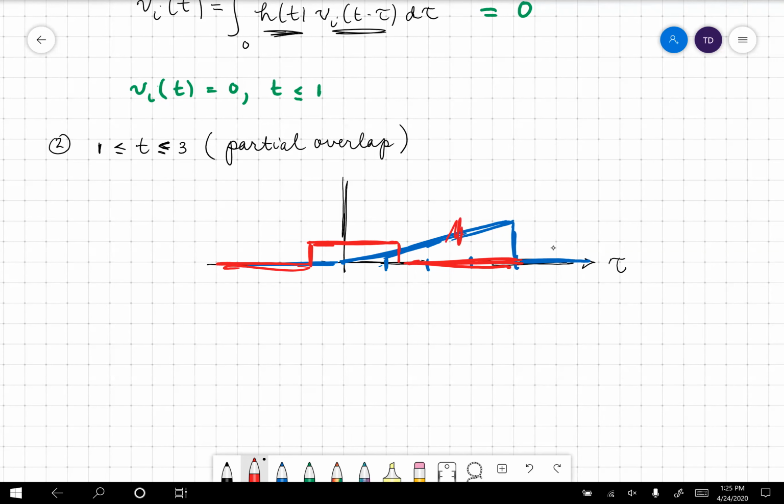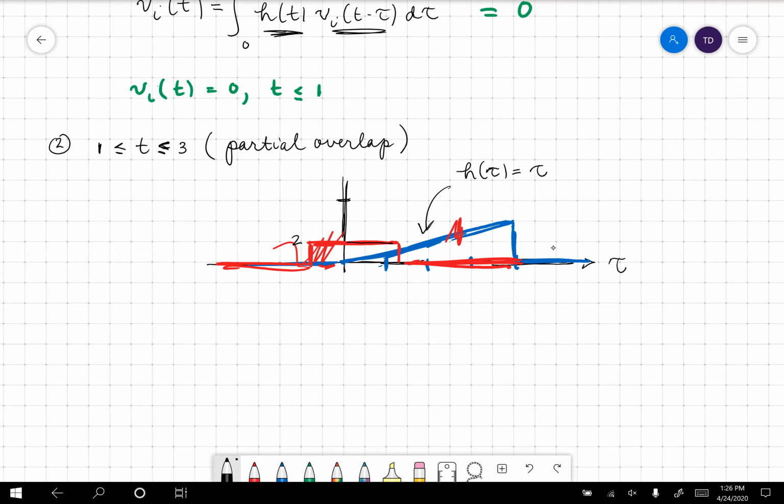Blue is 0 out here, and we're integrating from 0 anyway. So now here's what we have. Keep in mind that this function has a value of 2 here, and we said h of t in this region was equal to t. So h of tau in this region is equal to tau. So what I have is the following.